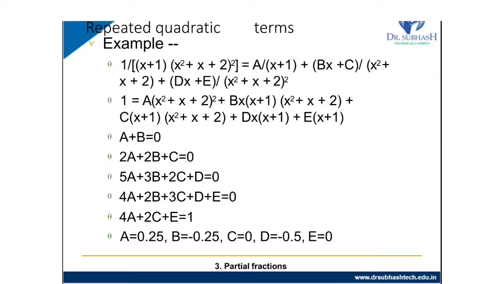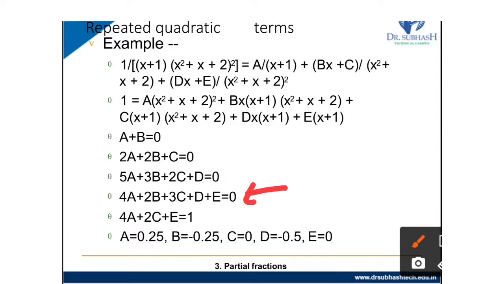Then the x raised to 4 coefficient is a plus b, for x cube it is 2a plus 2b plus 2c equal to 0, the x square term is 5a plus 3b plus 2c plus 2d equal to 0, and the simple x term is 4a plus 2b plus 3c plus d plus e, which will be 0.